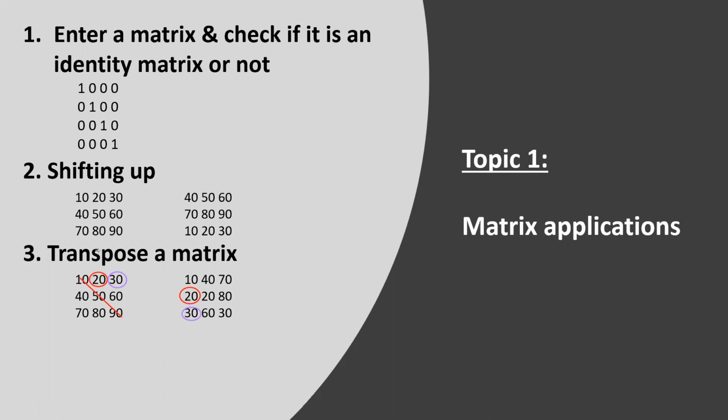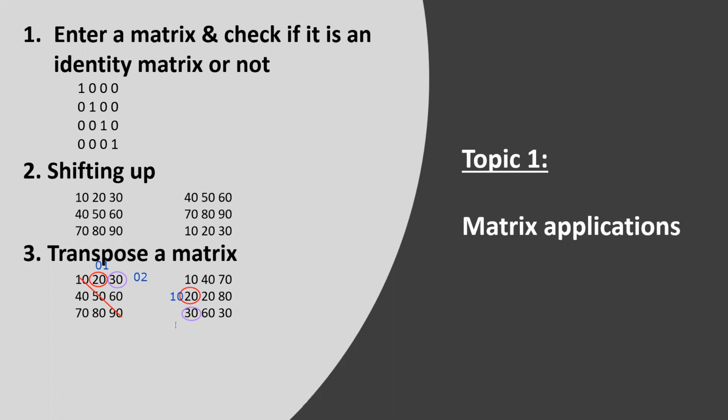So what is happening actually, the position of the 20 in the input matrix is 0, 1, obviously 0 row 1 column. And now here it becomes 1, 0, right? For the 30, the location at first was 0, 2.